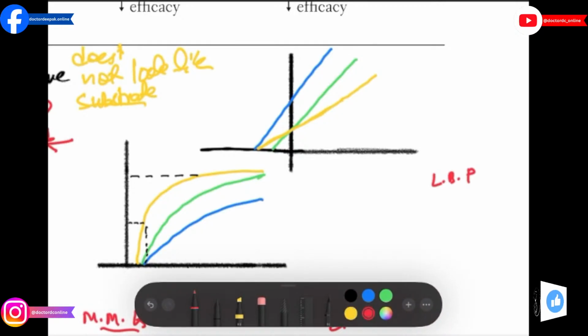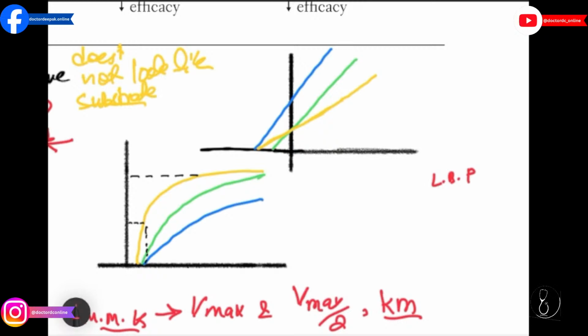Okay. Let's identify the parts. How are we going to identify the axes in the Michaelis-Menten kinetics? On the x-axis we have the substrate. On the y-axis we have the velocity. Okay. And this part is Km. The Km is the substrate concentration at which velocity is equal to half of Vmax.